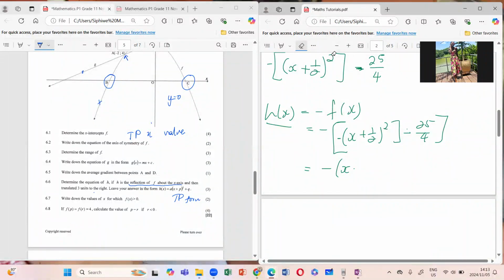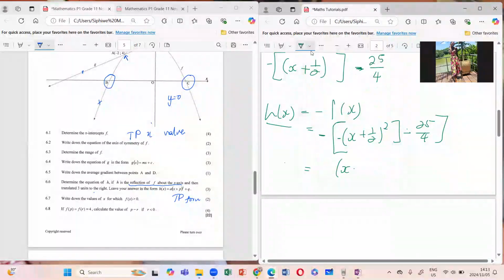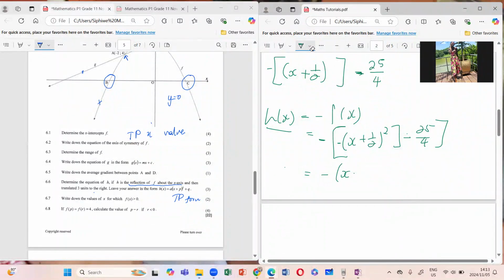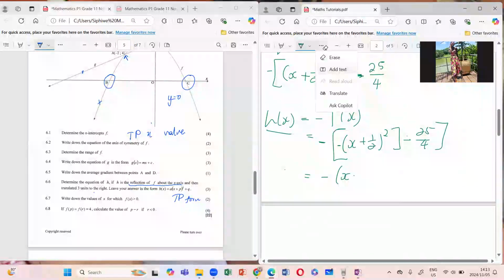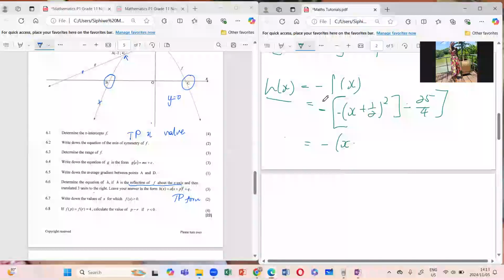This will become positive, then x plus half whole squared, that is positive, and then 25 over 4.